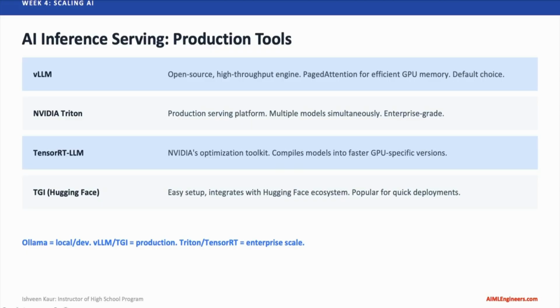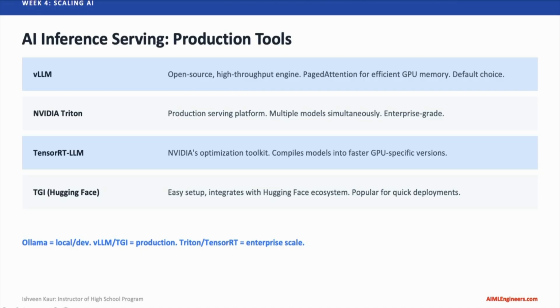There's also NVIDIA Triton. This is usually used by bigger companies because it's an enterprise-grade serving platform, but it can handle multiple models simultaneously, not just one, and it supports every framework. And it's mostly built for companies that need reliability at a very large scale, and this is probably the most complex to set up. There's also TensorRT-LLM, which is also NVIDIA, like Triton server, but this one isn't a server.